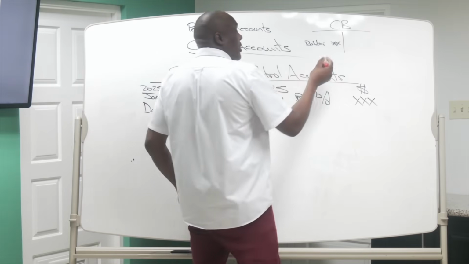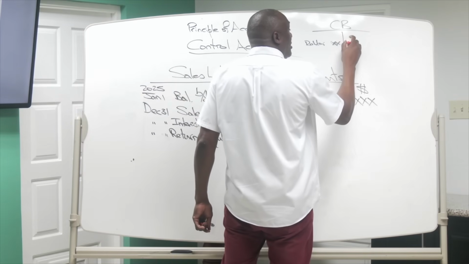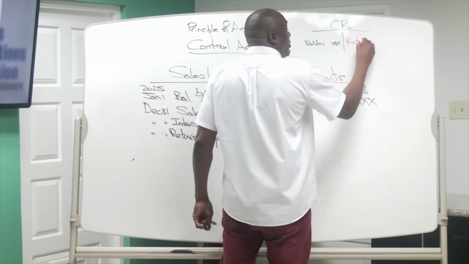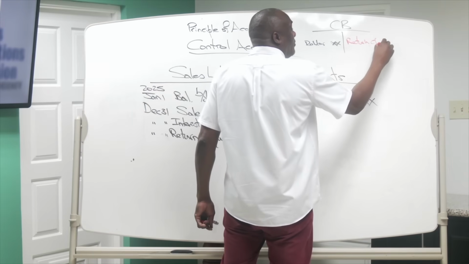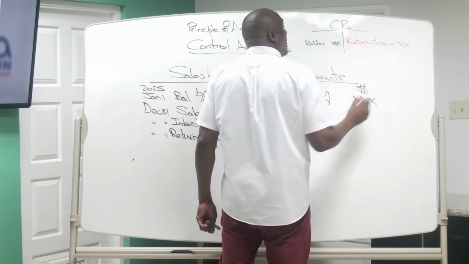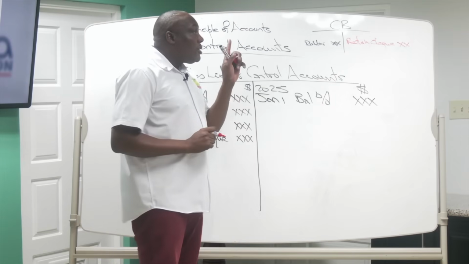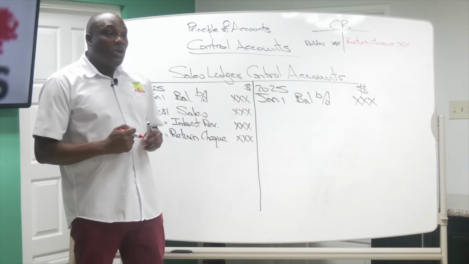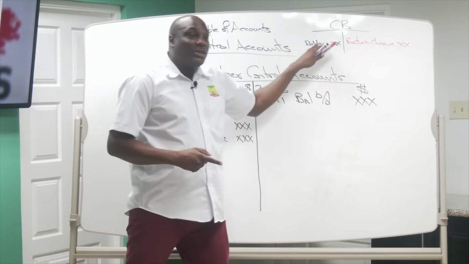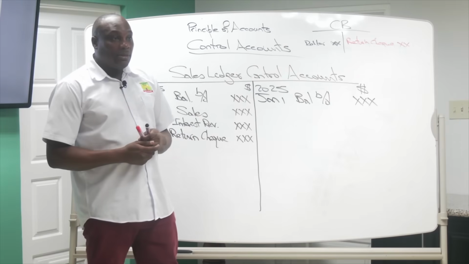So therefore, we would say return check, and I put it in red to indicate to you, on the credit side of the cash book, to cancel out what you have previously collected.